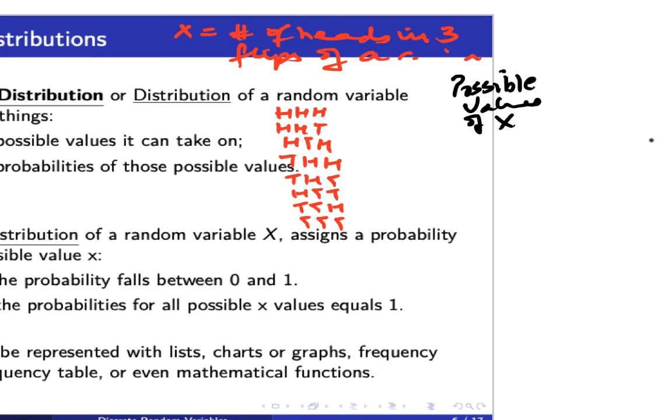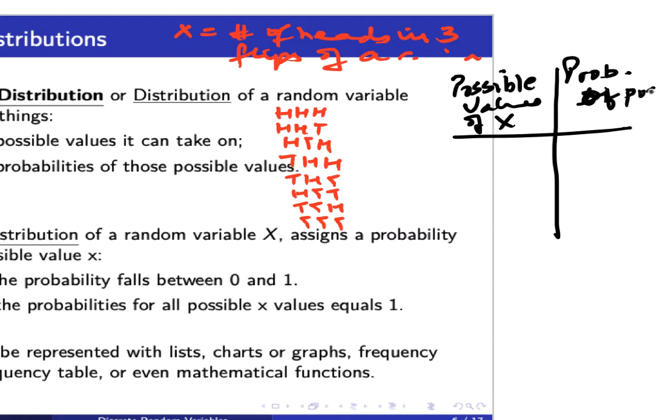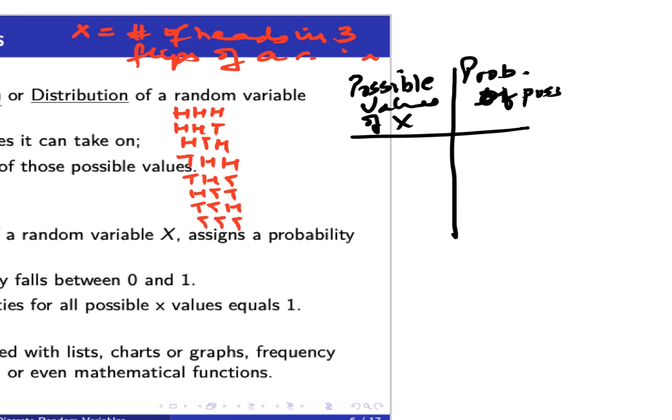And if we add to these possible values the probability of each of these possible values, together it becomes a probability distribution of a random variable. That's what it is. So the probability of possible values of x.